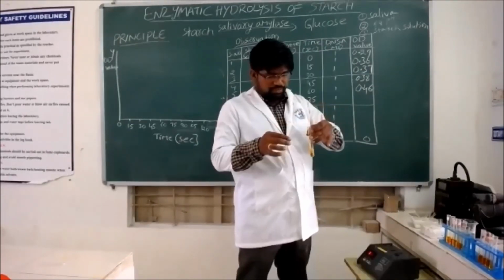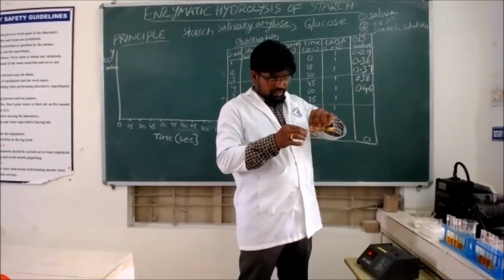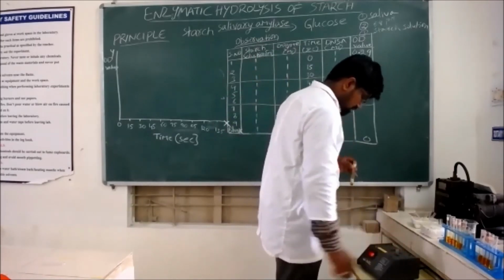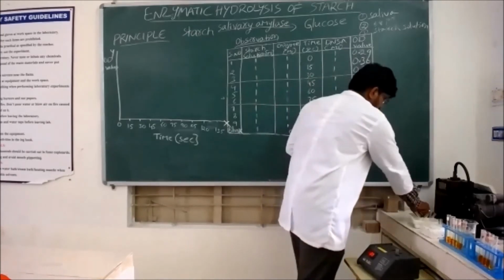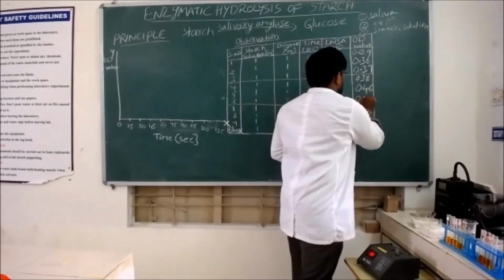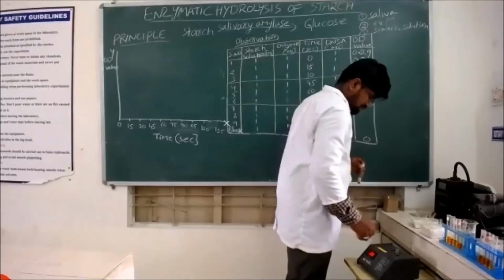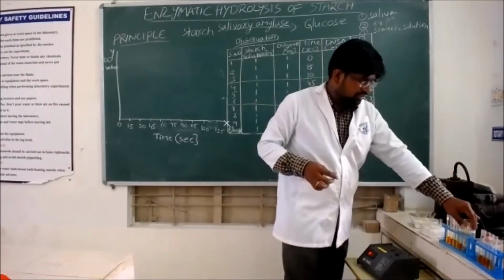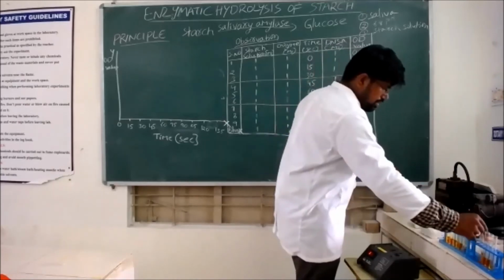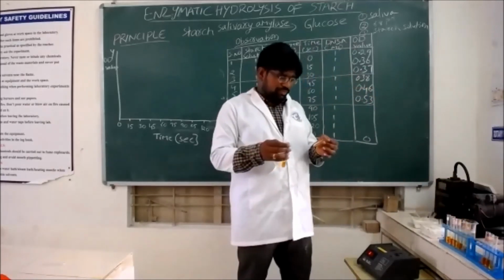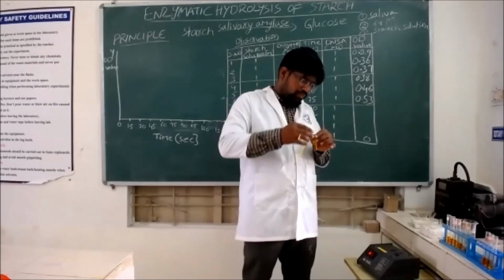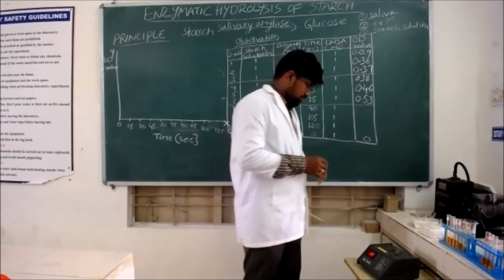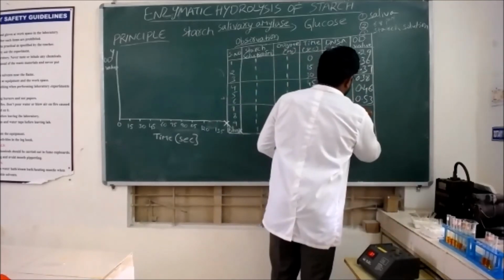The sixth tube, 0.53. Next, take the seventh tube. 0.57.